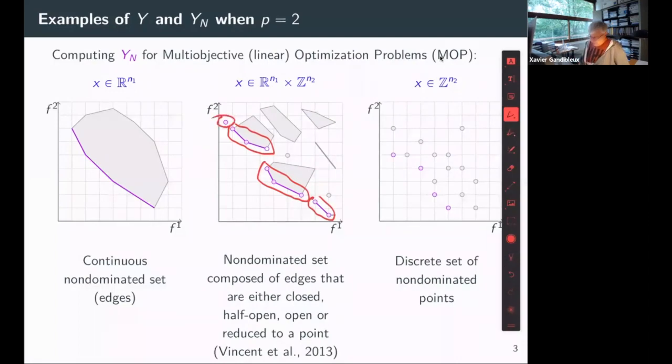Then the output computed by vOptSolver is a collection of points, a collection of edges, or edges in these different cases.